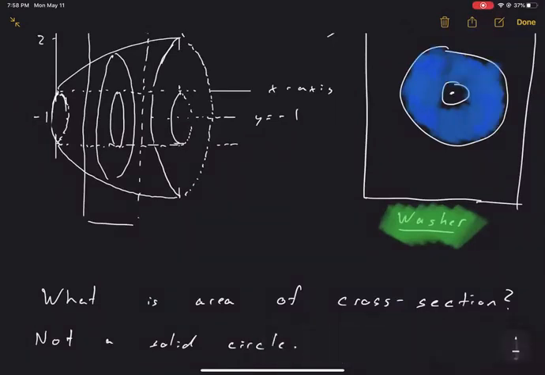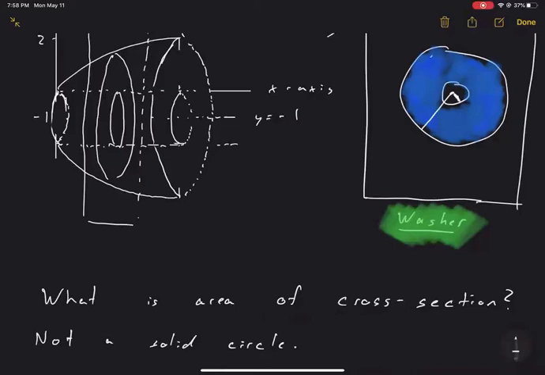By outer radius, I mean the distance from the center to this outer edge. If I can figure out what that is and find the area of that circle, pi r(o) squared, we'll call the outer radius r(o). If I take pi r(o) squared and subtract pi ri squared, where ri is this inner radius, that should give me the area of the washer, right?